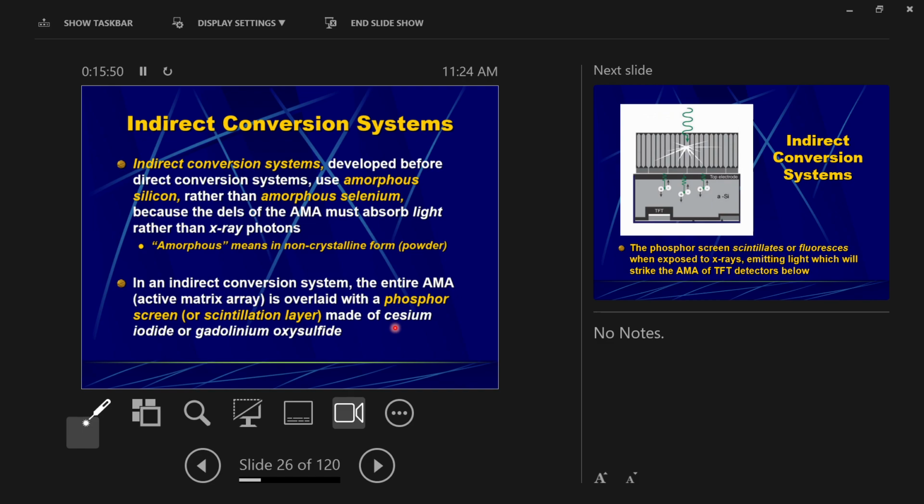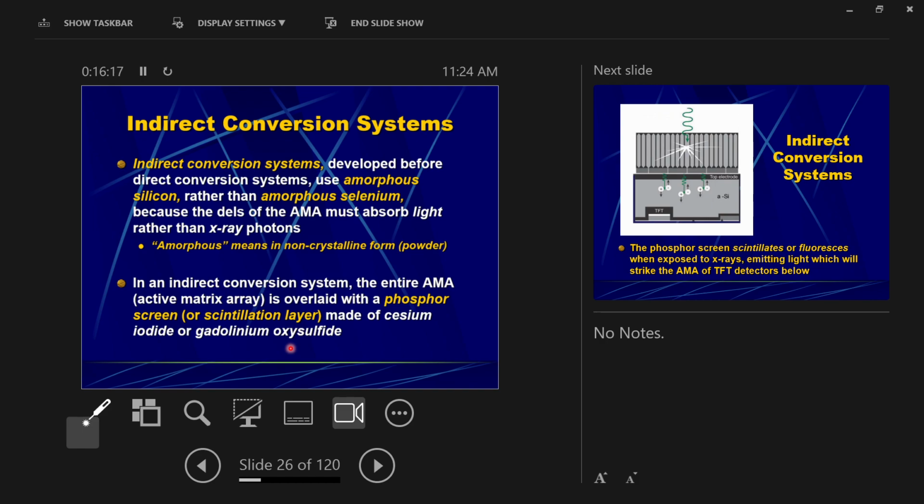If instead they've used silicon, which was the first kind to be discovered, we needed to convert X-rays to visible light to electricity, indirectly converting X-rays to electricity. There's an in-between step. Cesium iodide or gadolinium oxysulfide, either one, will convert X-rays to visible light.